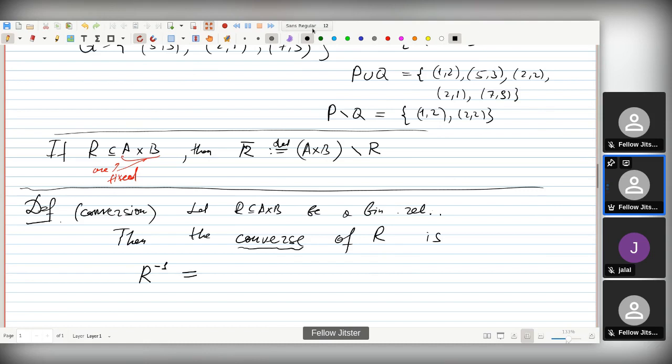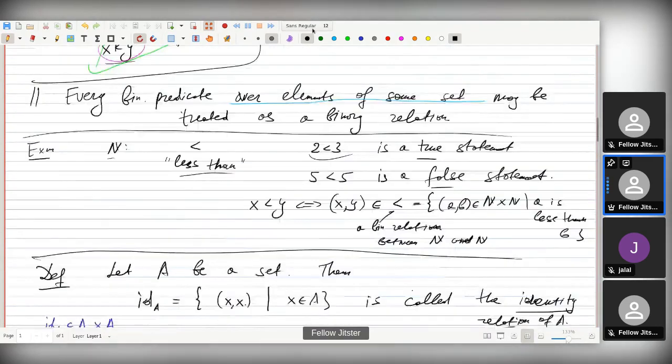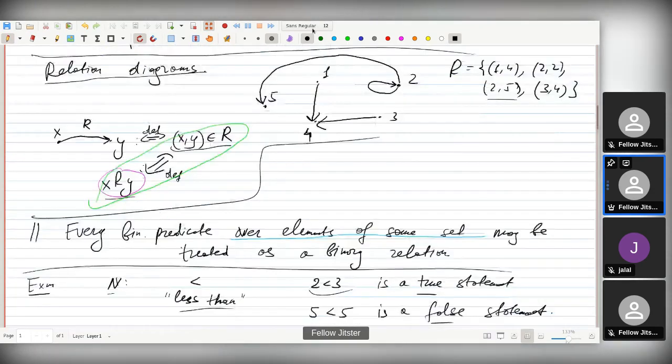It is the set of all such pairs (b, a), where b belongs to B and a belongs to A, such that (a, b) belongs to R. So what is it? We have just changed the direction of every arrow in a diagram. Is this idea clear?